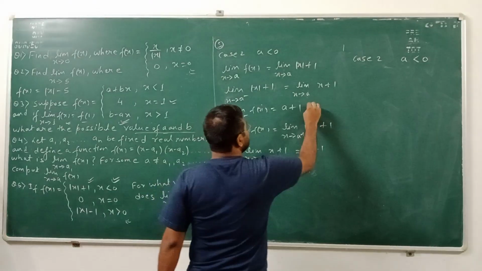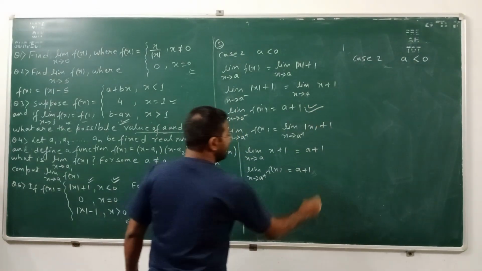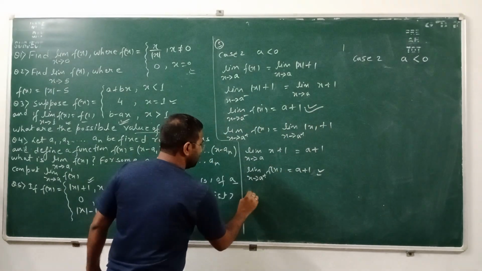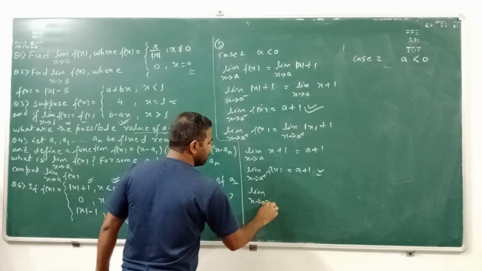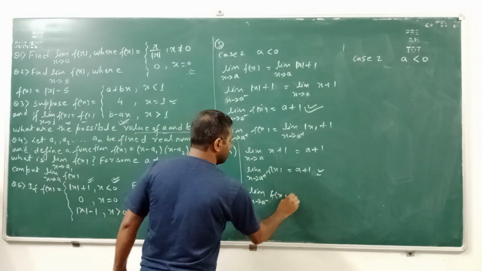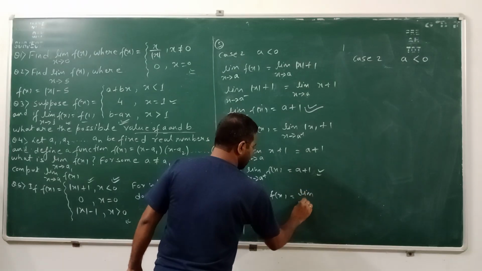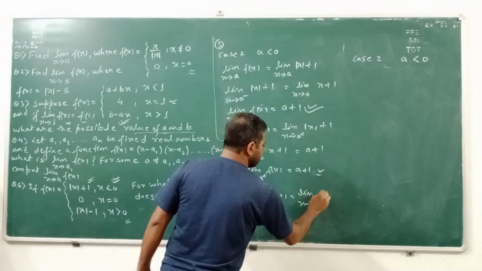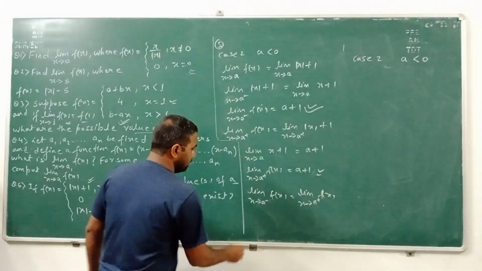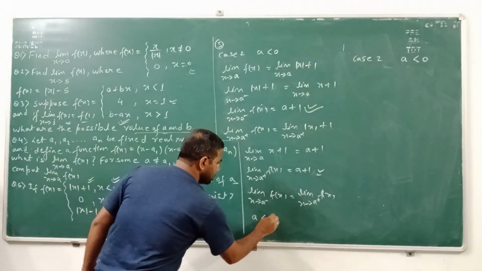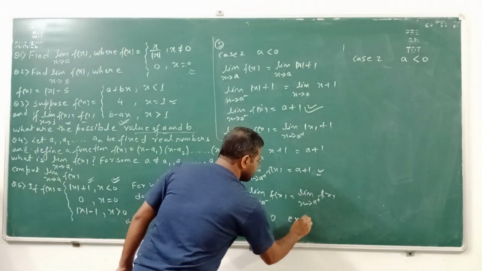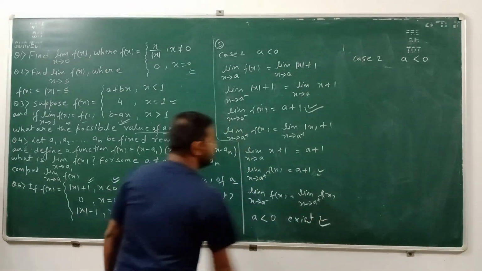So you can see here a plus 1 and a plus 1, both are the same. Then limit x tends to a negative f(x) is equal to limit x tends to a positive f(x). Both are equal. It means the limit for a less than 0 exists.